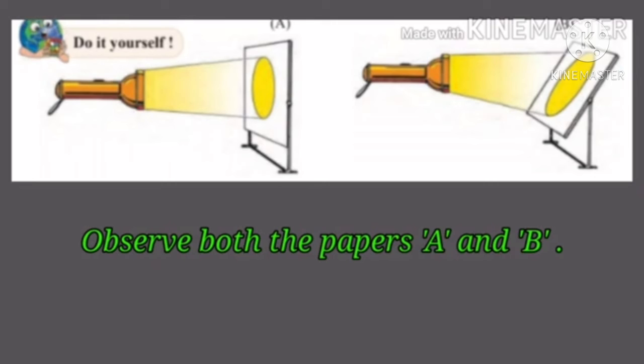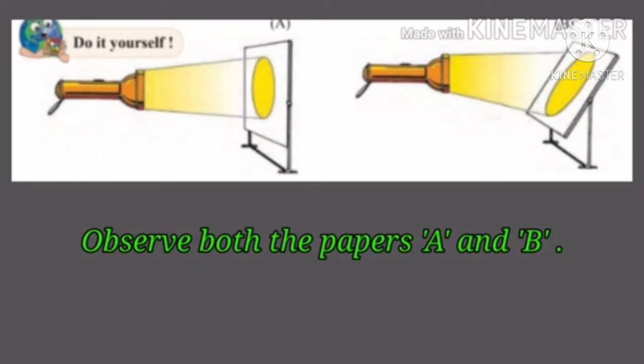Now let us answer the questions. On which paper does the beam occupy a larger area? The beam occupies larger area on the paper B, which is inclined at the angle of 120 degree along the direction of the beam.